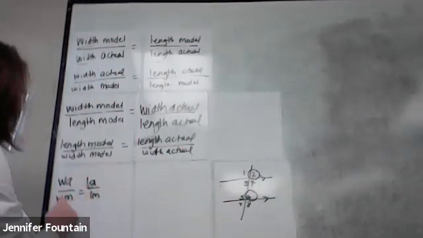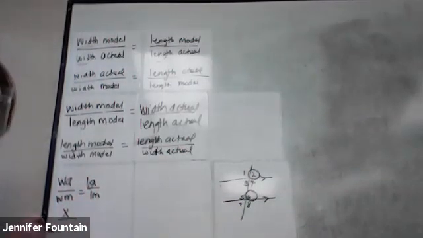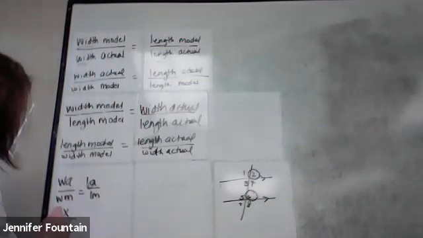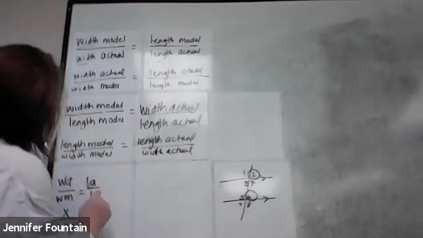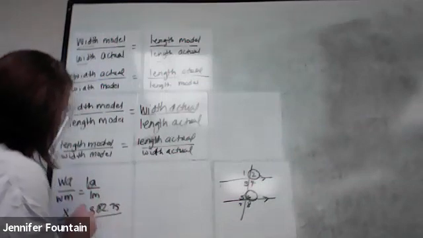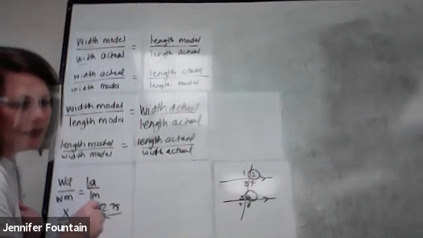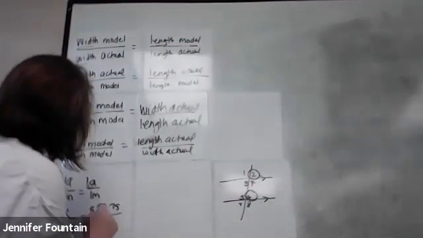So I plug in what I know. I'm solving for the width of the actual. I know the width of the model is 11.25. I know the length of the actual is 882.75. And I know that the length of the model is 107.5.